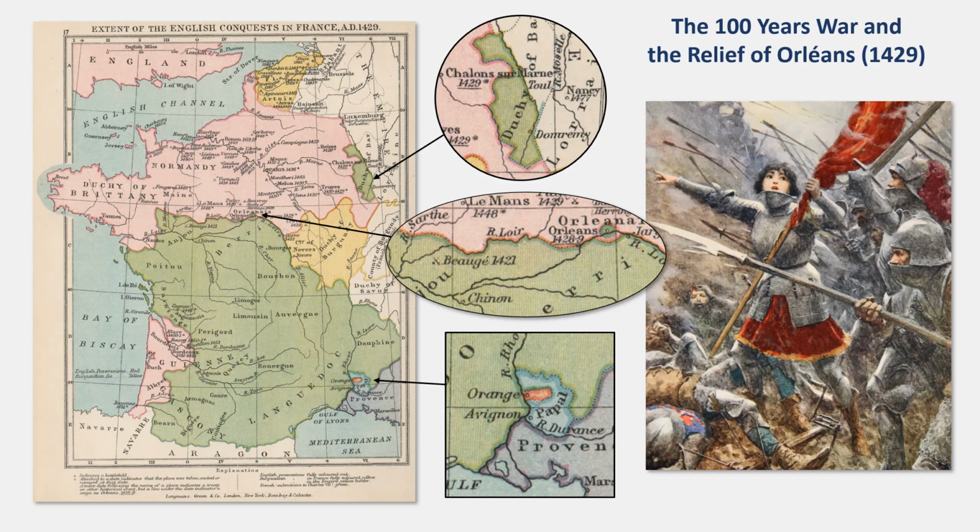I think it might be interesting to look at different parts of this map, and you'll see what a state France was in at the time. The northeast corner, as I said before, is that little enclave of the part of the province of Lorraine, and it was surrounded by the British on one side and by the Holy Roman Empire on the other side. If you look at that little inset, you can see where Joan of Arc was born, Domremy, just inside the French area.